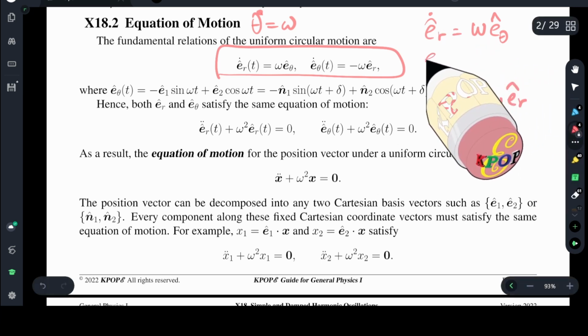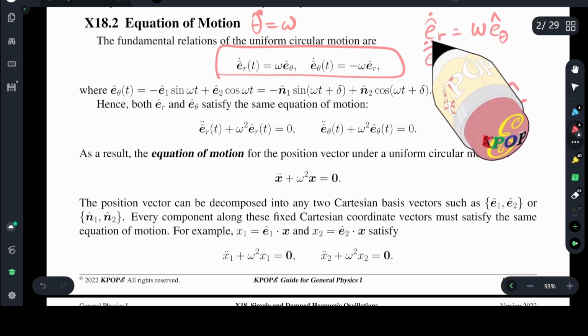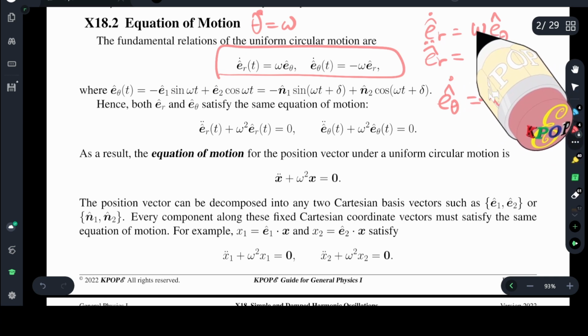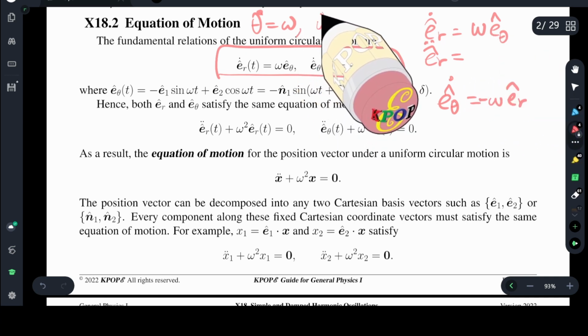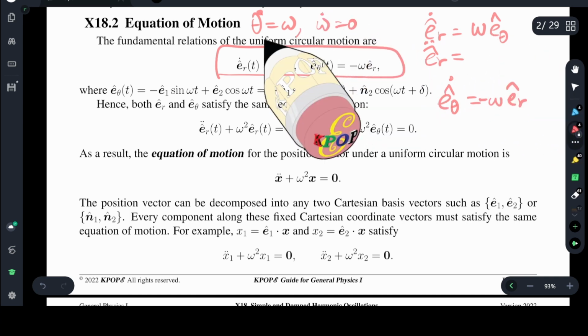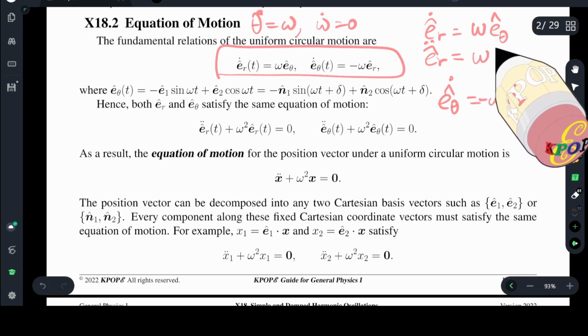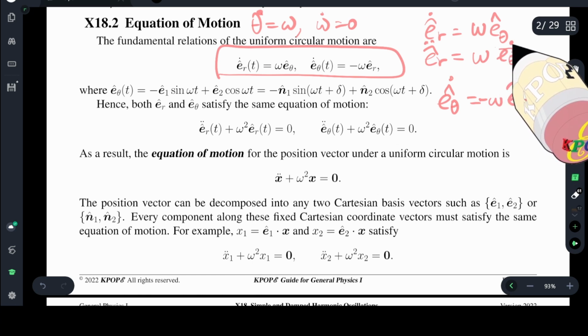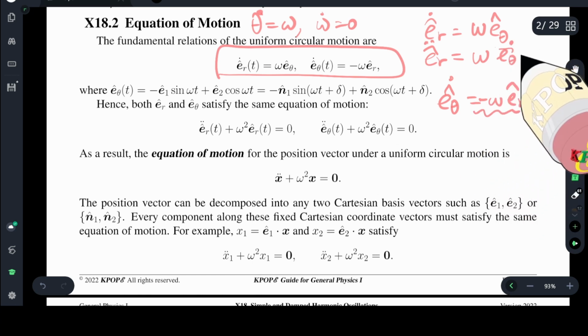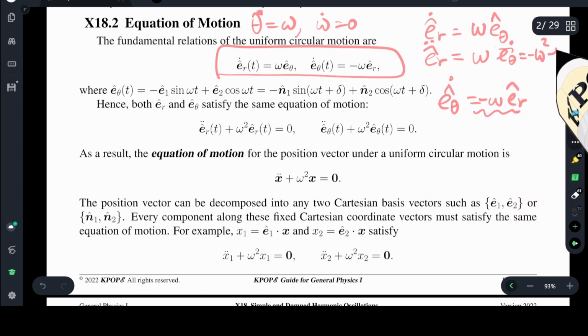We can take another derivative. Because omega dot equals 0 in uniform circular motion, we have e r hat double dot equals omega e theta hat dot, and using this relation, we have minus omega squared e r hat.